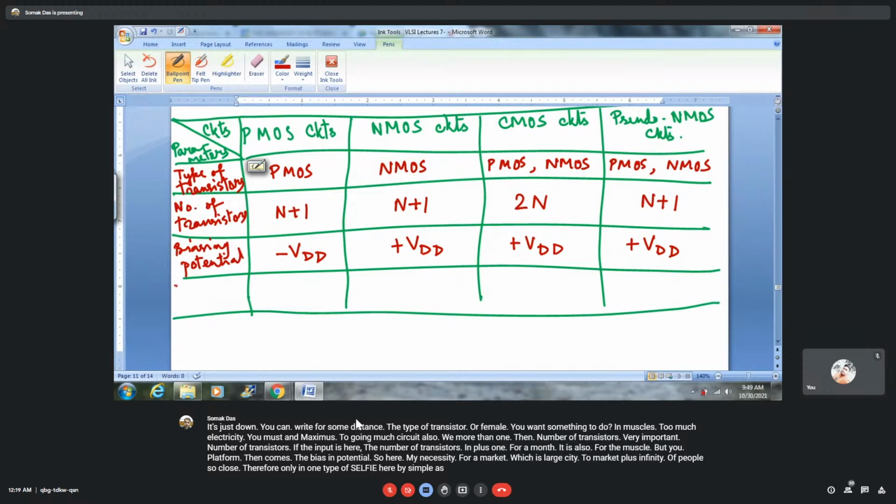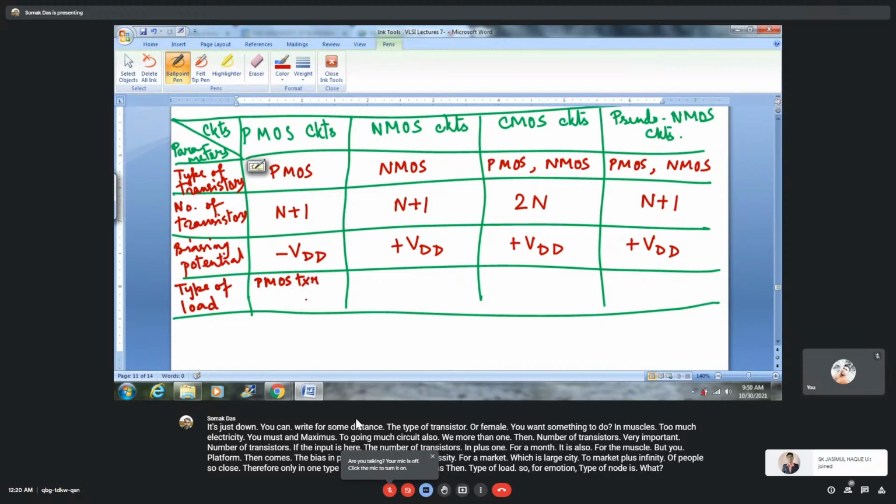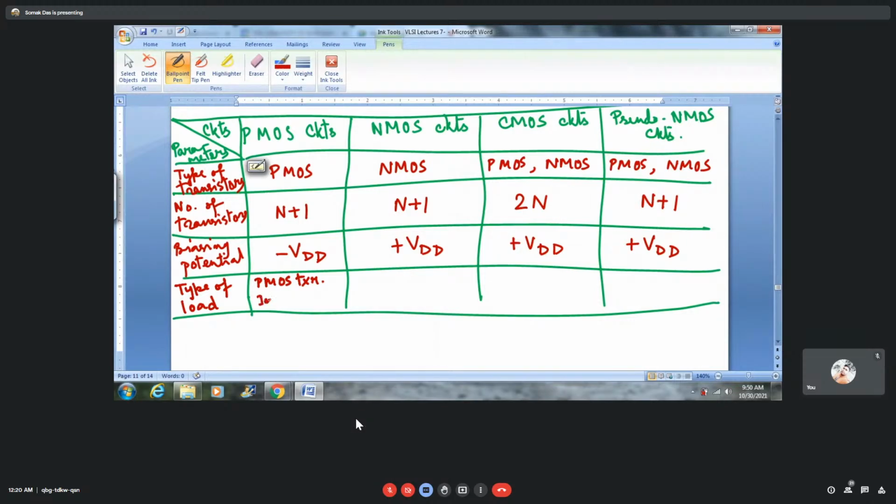Then type of load. So for PMOS circuit, type of load is PMOS transistor, induced type.